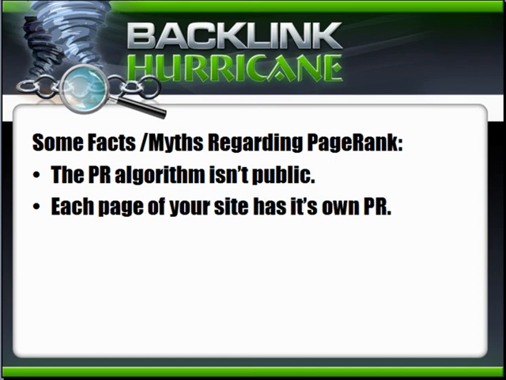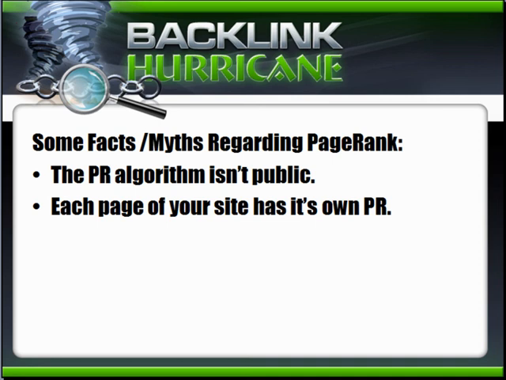Some people assume that just because your homepage has a PageRank of 4, that means the entire site has a PageRank of 4. And that's not so. Usually the homepage of a site does have the highest PageRank because it's the landing page, it's where everybody comes, it's where the most action is. But each page within your site has its own PageRank.